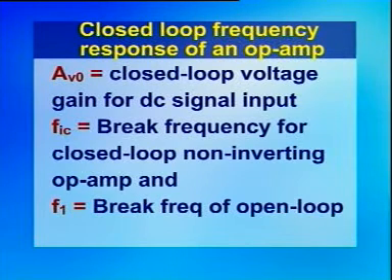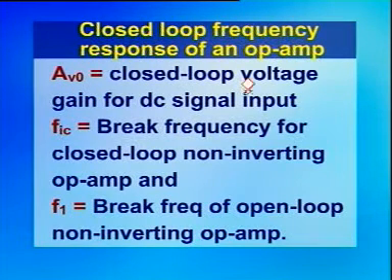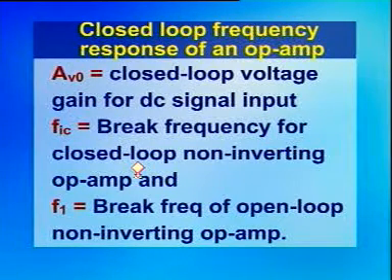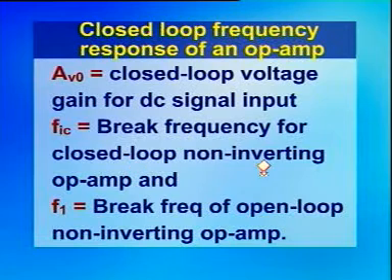Here AV naught represents closed loop voltage gain for DC input. F1c is the break frequency or 3 dB cutoff frequency for closed loop non-inverting op amp. F1 is the break frequency of open loop non-inverting op amp.